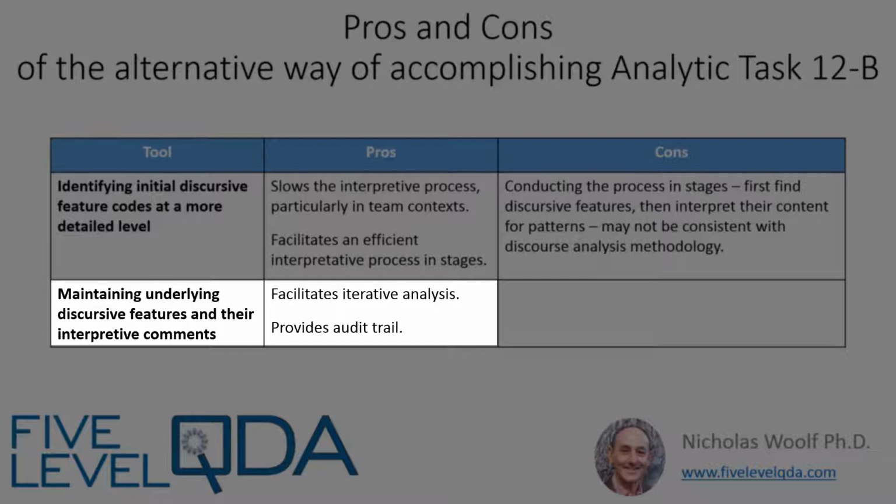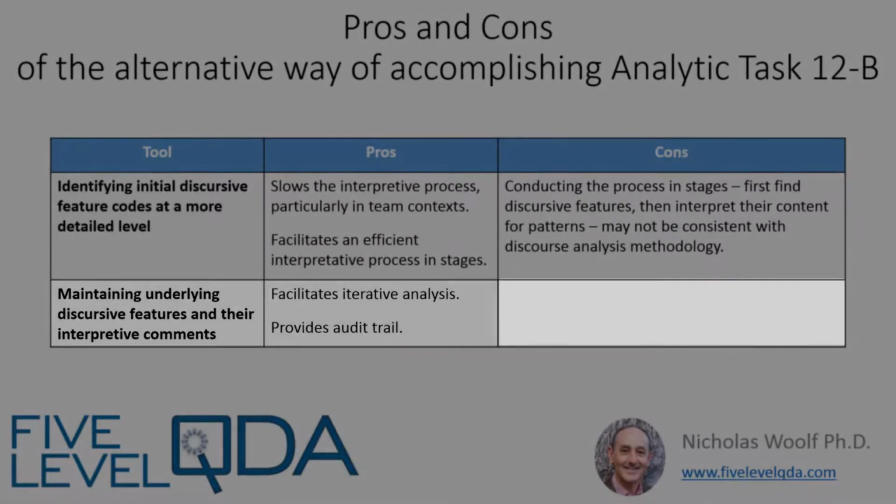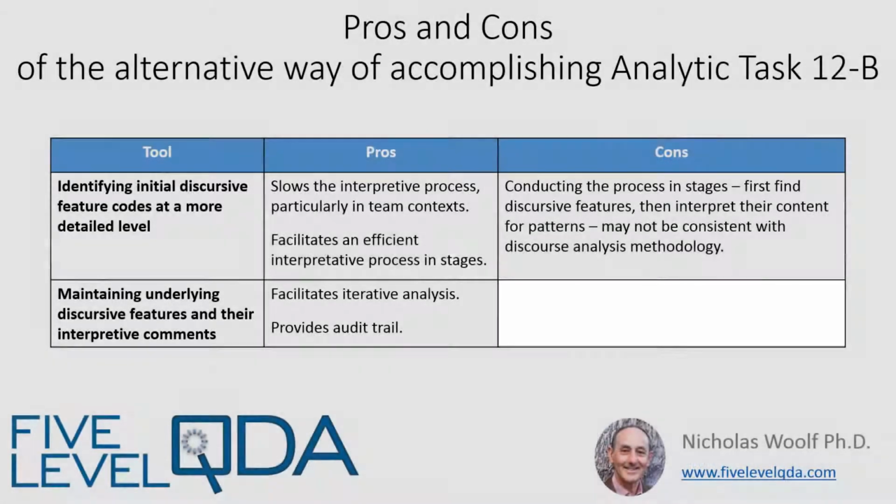This tactic provides a permanent audit trail of how the interpretations proceeded, as none of the building blocks, the individual discursive feature codes, and the build-up of interpretive writing in the code comments are lost, and I'm not aware of any disadvantages of maintaining the audit trail in this way. So this completes our look at an alternative way of conducting Trina's analytic task number 12b.